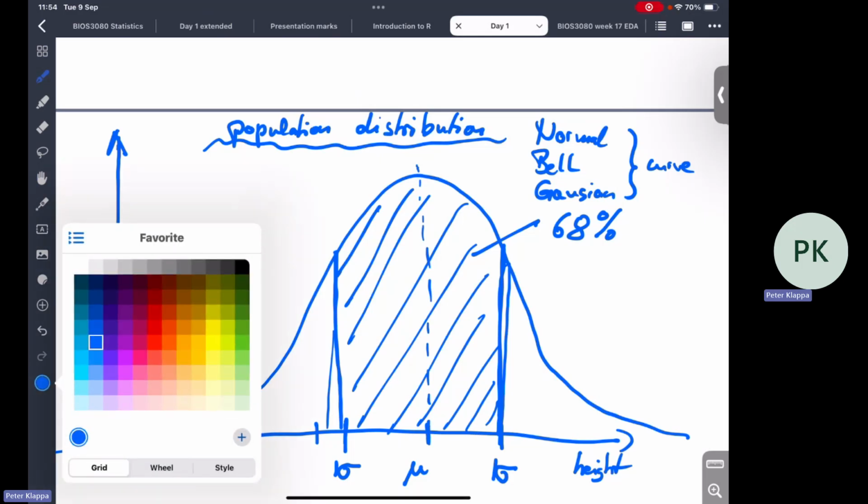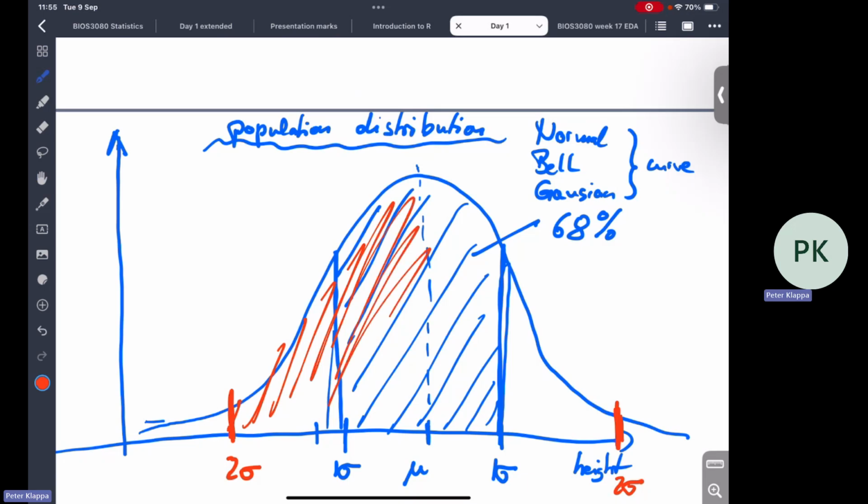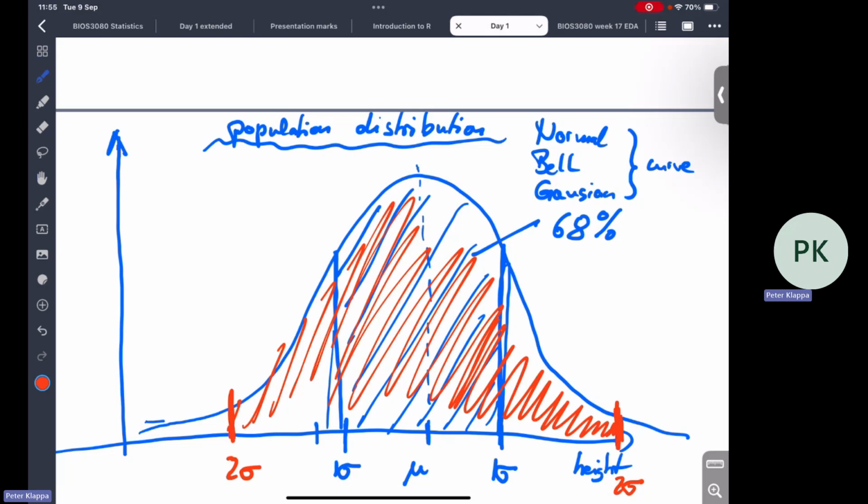We can even go further and we can say, what if we have 2 sigma, then we have this area here. It's getting very colorful. Right?